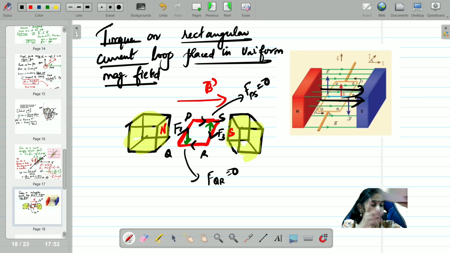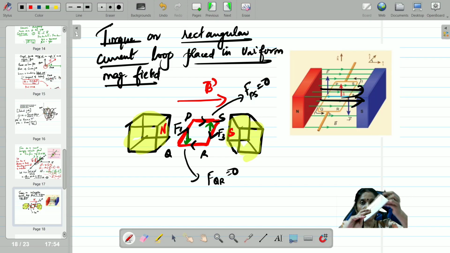How is it a couple effect? Let me show you here. This is the coil, and on this side the force is acting downwards and on this side the force is acting upwards. So these two forces are equal and opposite. Therefore, it exerts a turning effect like that.